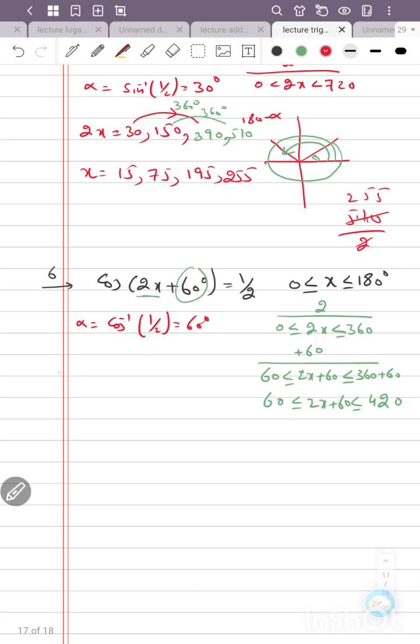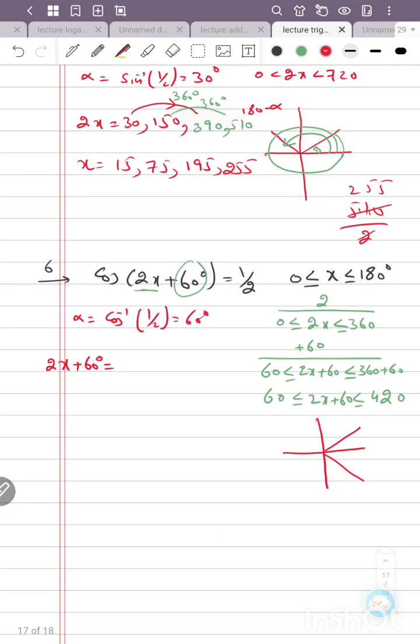Okay, now here we have to write 2x plus 60 equal to; cos is positive in the first and fourth quadrant. At first quadrant, if we start from here, we get 60 degree. Now when we move from the first quadrant to the fourth quadrant, here 360 minus 60, we get the answer 300.